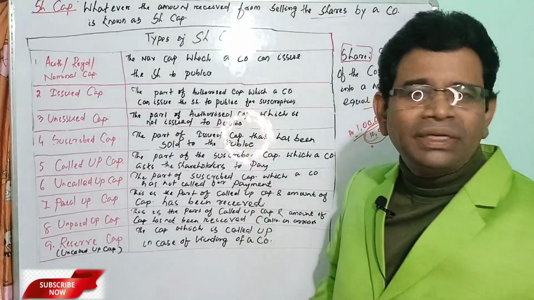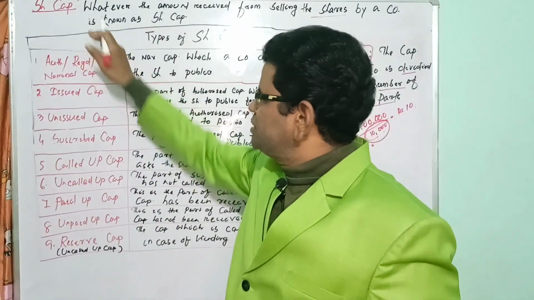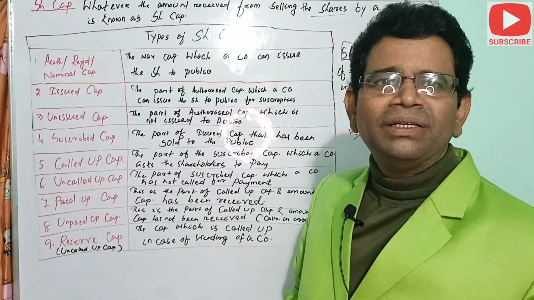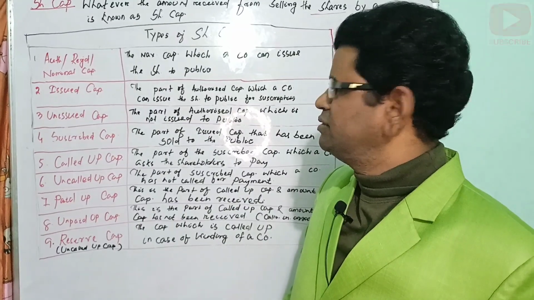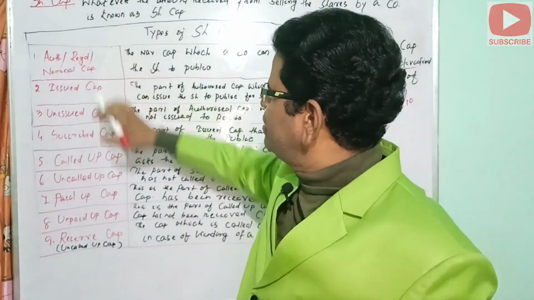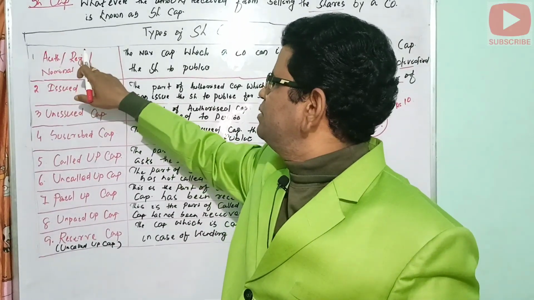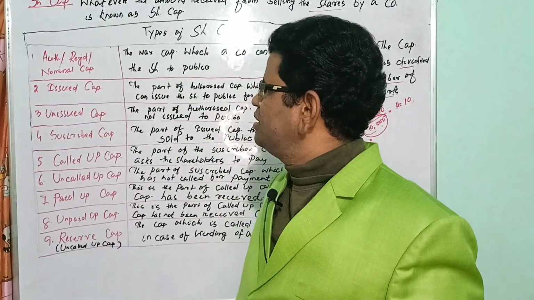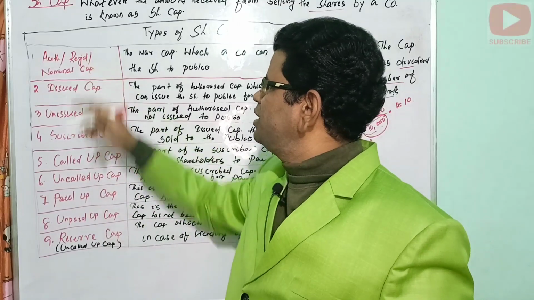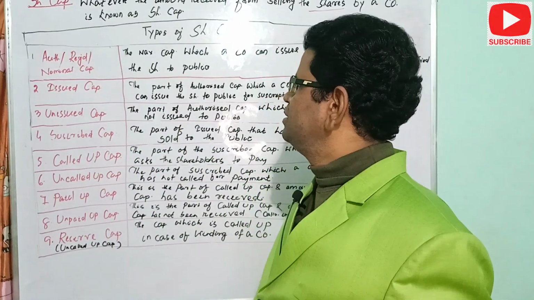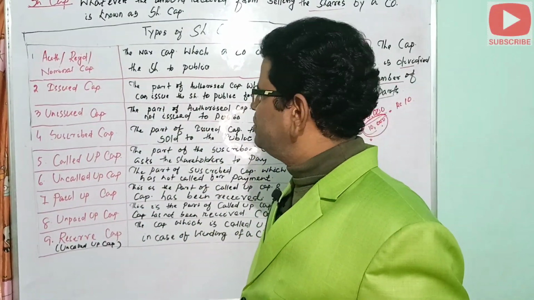Now, the share capital of the company is divided into 9 parts. I am just reading out. First, authorized capital, which is also known as the registered capital and also known as the nominal capital.